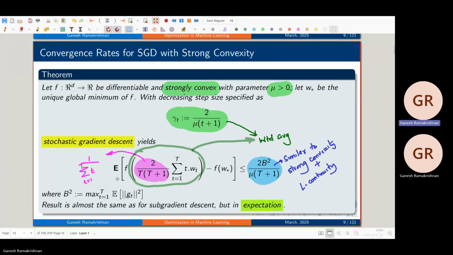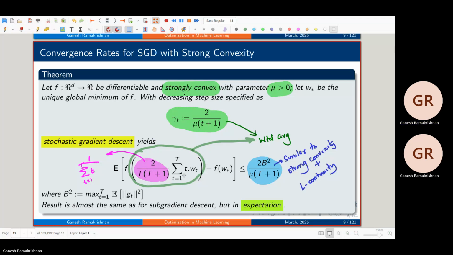And if you consider the expected value of the function, what are we looking at? We're looking at the weighted average, so the function at the average of all the iterates. So this 2 upon t into (t plus 1), and there's a summation over t.